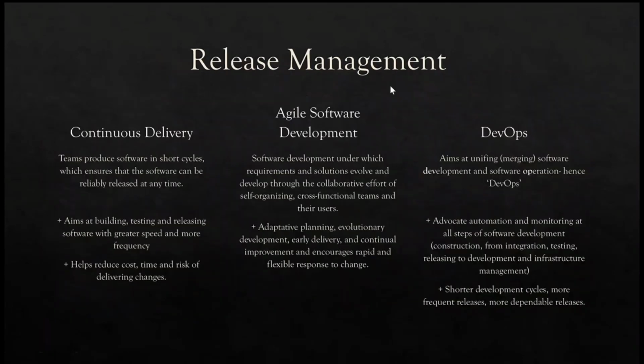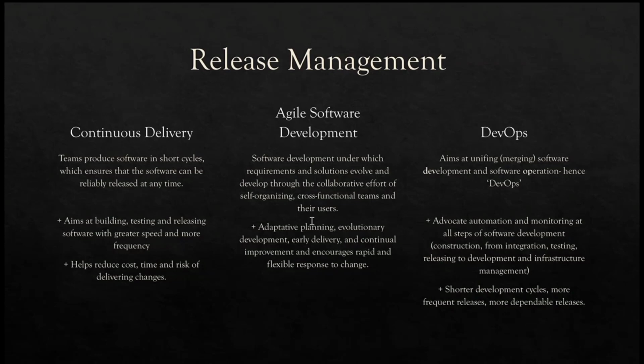So there are three types of release management. There's continuous delivery, there's agile software development, and there's DevOps. Continuous delivery is a software engineering approach in which teams that develop the software send out the software in short cycles. They send it out in a short time frame, but also quite frequently.